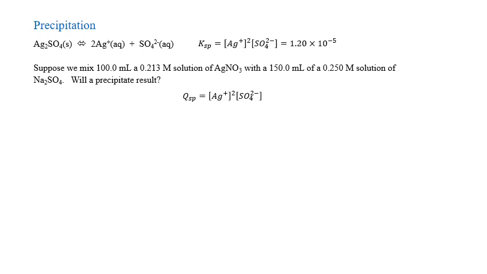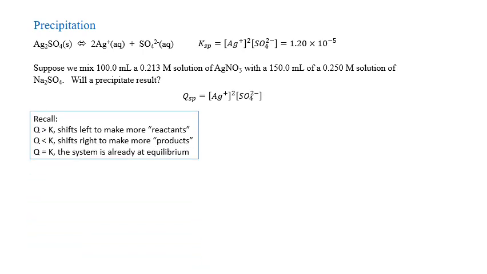If Q is greater than K, then that means that you have too much product and the reaction is going to shift to the left in order to get to equilibrium. If Q is less than K, then you have not enough product and the reaction will shift to the right. We had these rules that we studied at the time, okay?